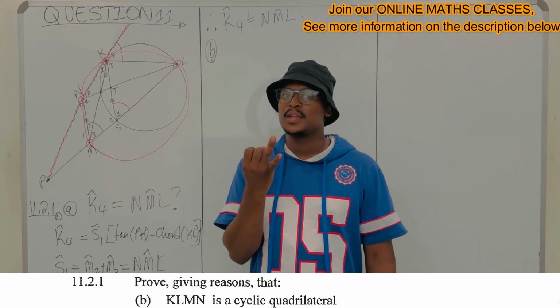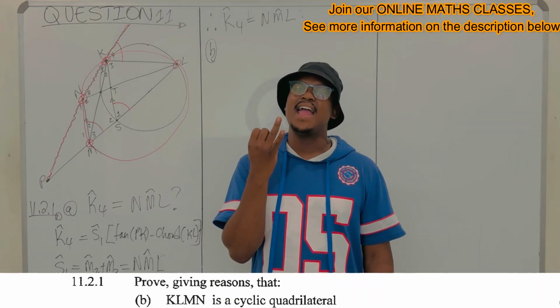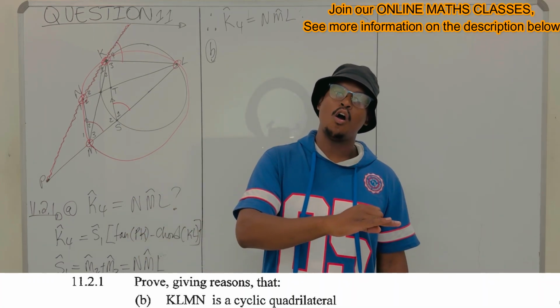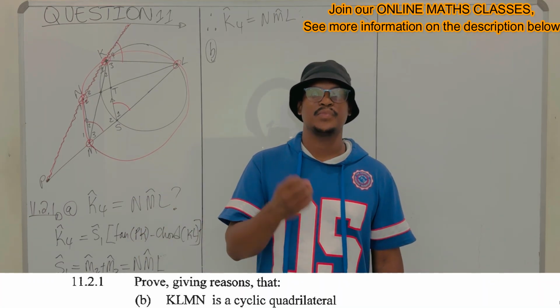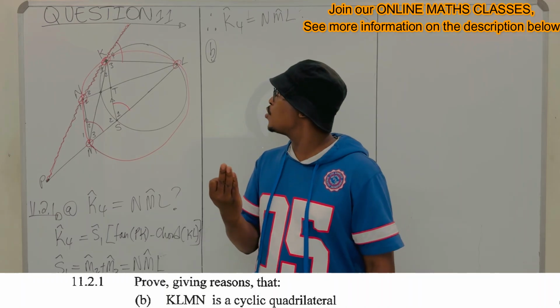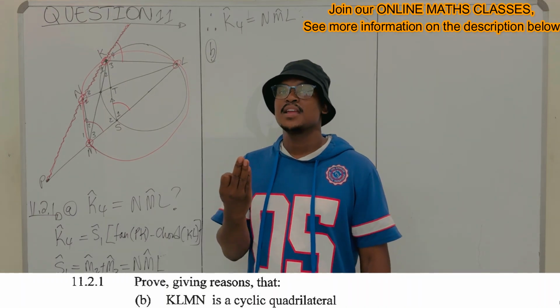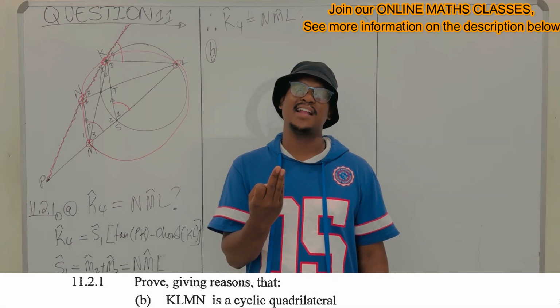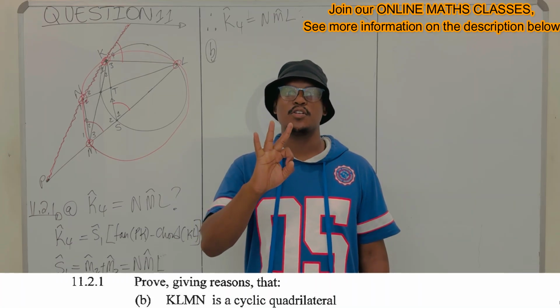Number 2, you must show that an exterior angle of your quadrilateral is equal to the interior opposite angle, right? Number 3, you must show that there's a line segment or 2 points that subtend equal angles on the same side. Those are the 3 conditions.